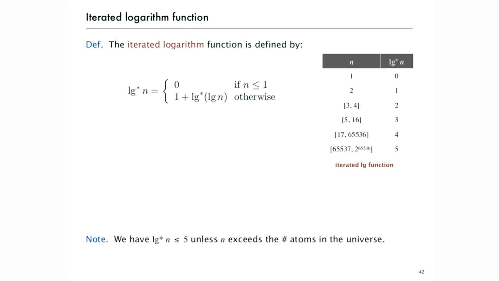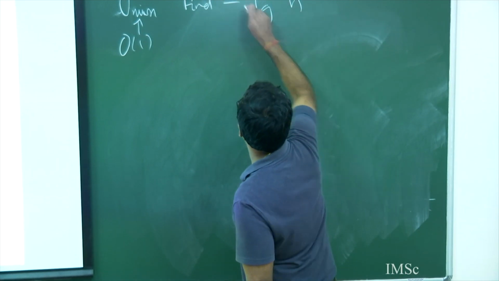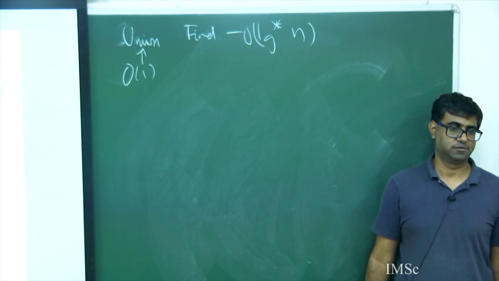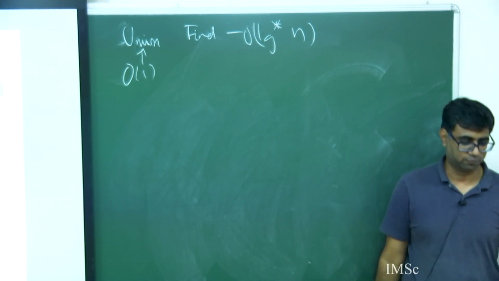Overall, how much did union or find take? Union was anyway order 1, given that I can perform find faster. So if I can do find in big O of log star n time, then I have improved all the operations. This is what we would like to show.